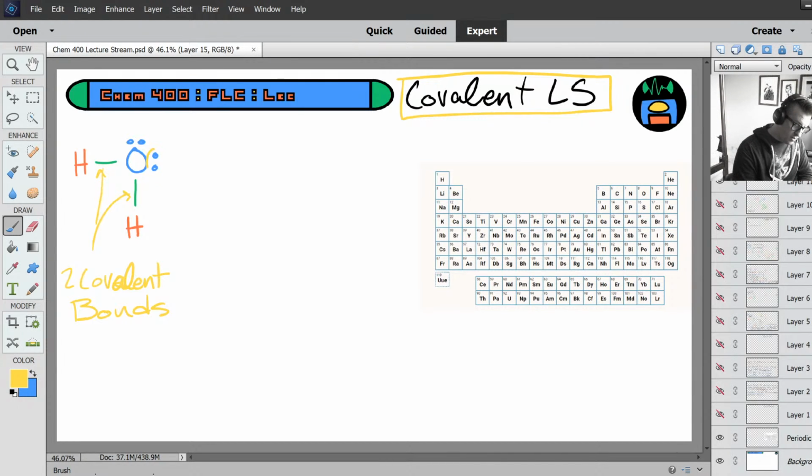Now, before we get there, we would say that this oxygen is what we call the central atom.